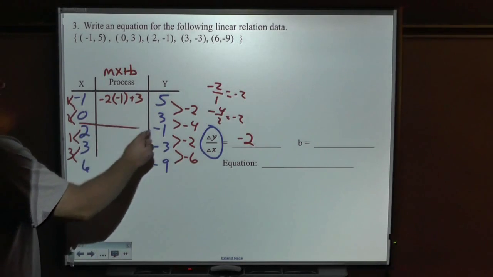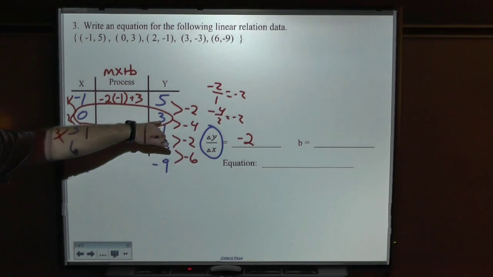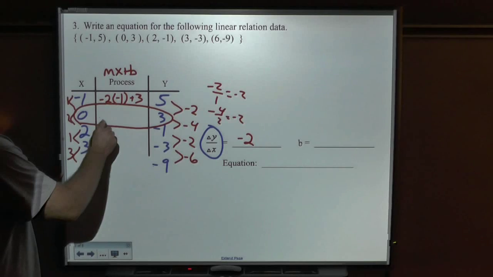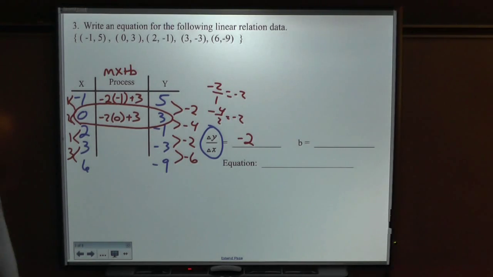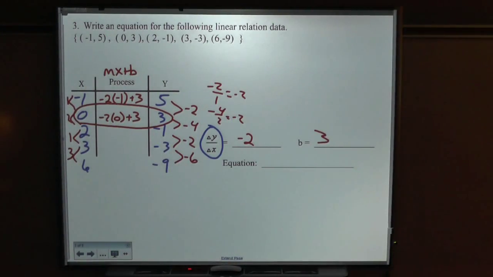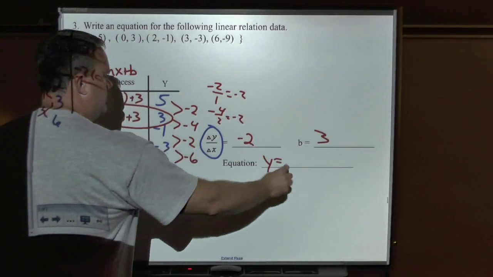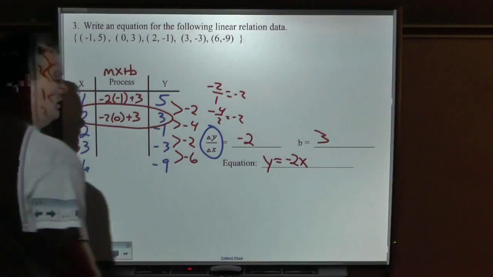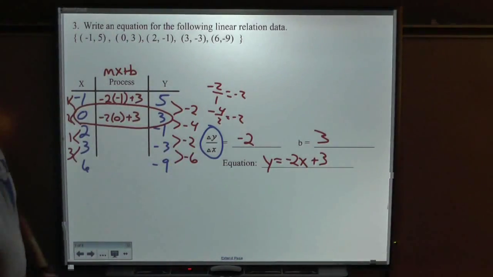I want you to also notice here, where your value of x, that's going to be your y value, is going to be your constant. So your constant in this case is 3. So as we go through, y equals m, which is -2x, plus b, which is now 3. So that's the equation y equals -2x plus 3.